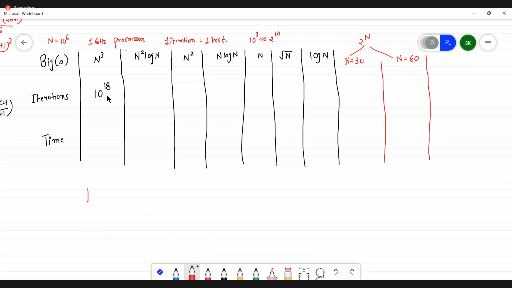These are 10 to the power 18 instructions or iterations. You can take it in any way. So 10 to the power 9 iterations or instructions takes 1 second. How much time will 10 to the power 18 take?